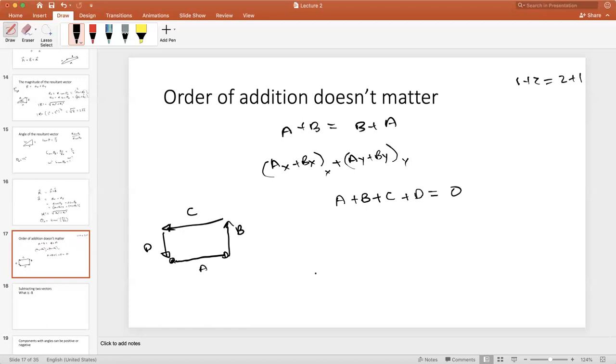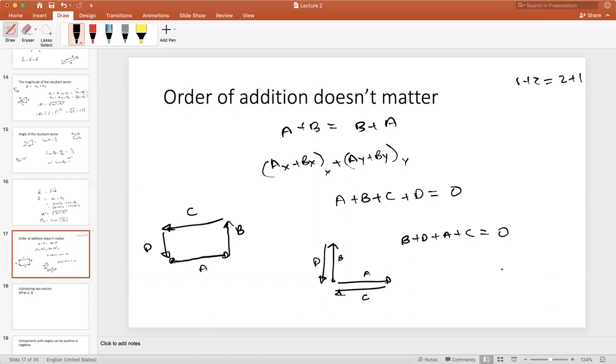Let's do B and then D. So we go up B, and then we come back down D, and then we have to do A and C, and then we go A, and then we come back to C. So B plus D plus A plus C still gives us 0. We went up, down, left, right, and we came back to the origin.